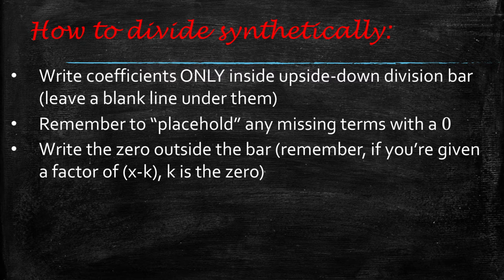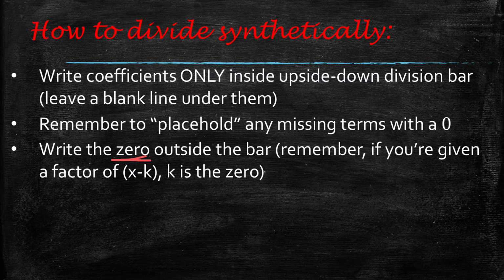Okay, so if you're a student who likes to have steps, here are some steps that you can use to use synthetic division. You're going to write the coefficients only inside the upside down division bar and leave a blank line under them. Remember to place hold any missing terms with a 0, and then write the 0 of the divisor outside the bar.